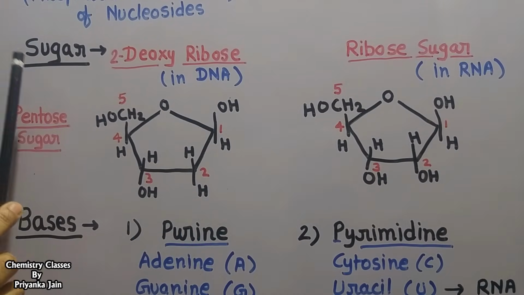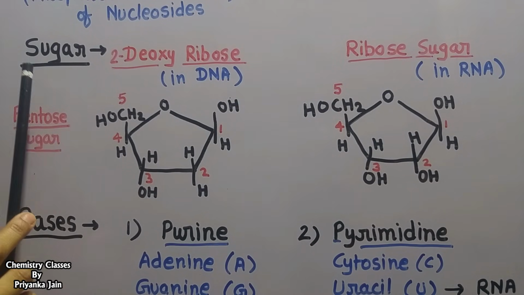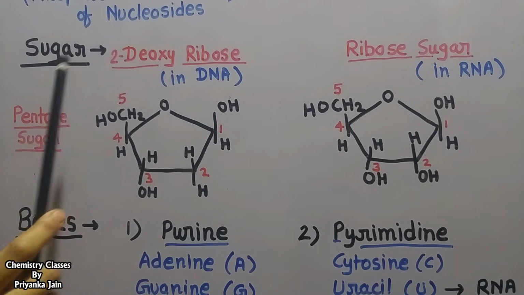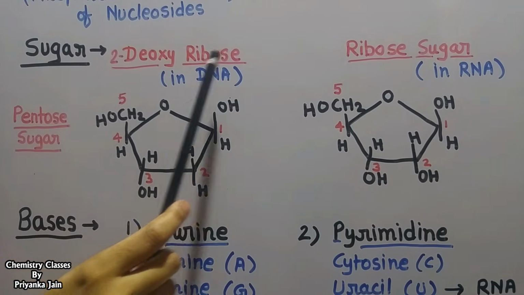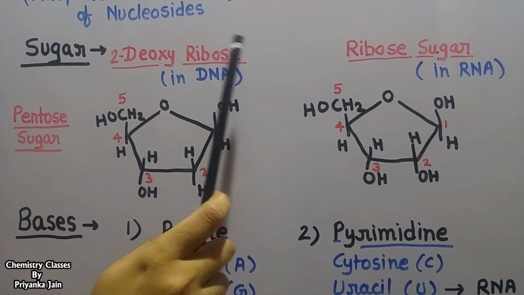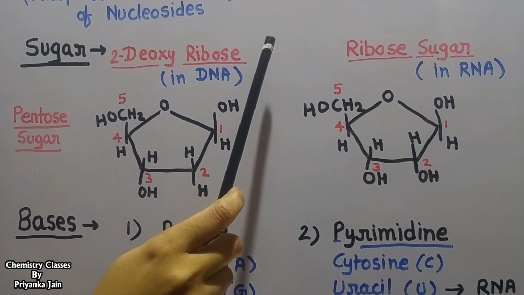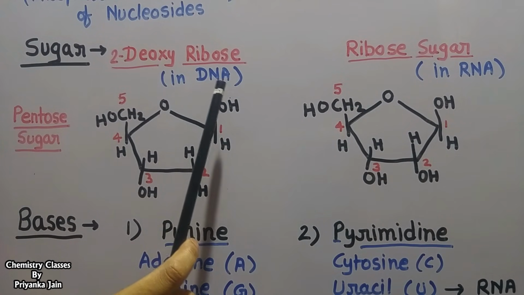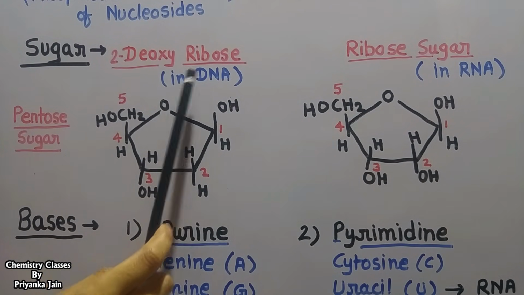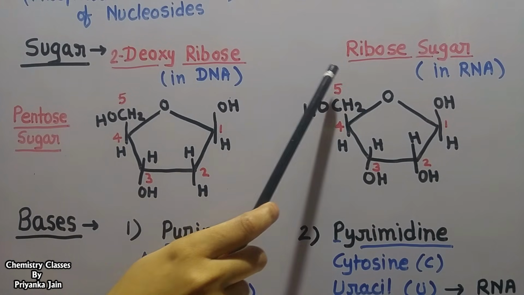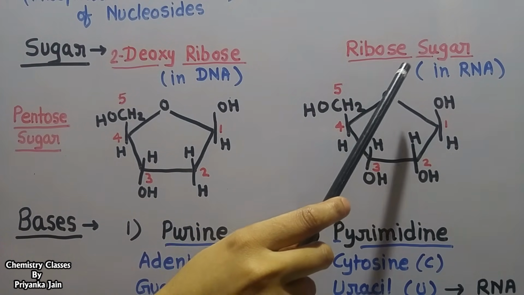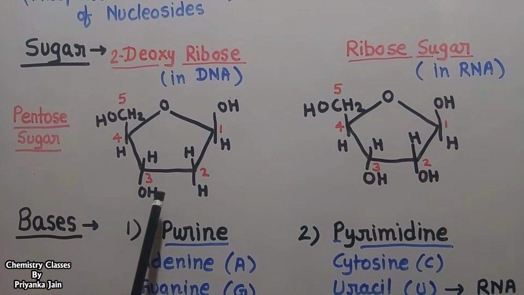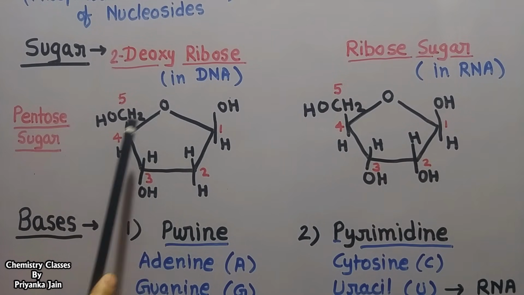Firstly, we see the structure of the sugar. The sugars are of two types. These are 2-deoxyribose sugar and ribose sugar. Actually, both of these are pentose sugars. It means they possess 5 carbon atoms. The 2-deoxyribose sugar is found in DNA, while the ribose sugar is present in RNA. This is the structure of deoxyribose sugar. This is a pentose sugar.